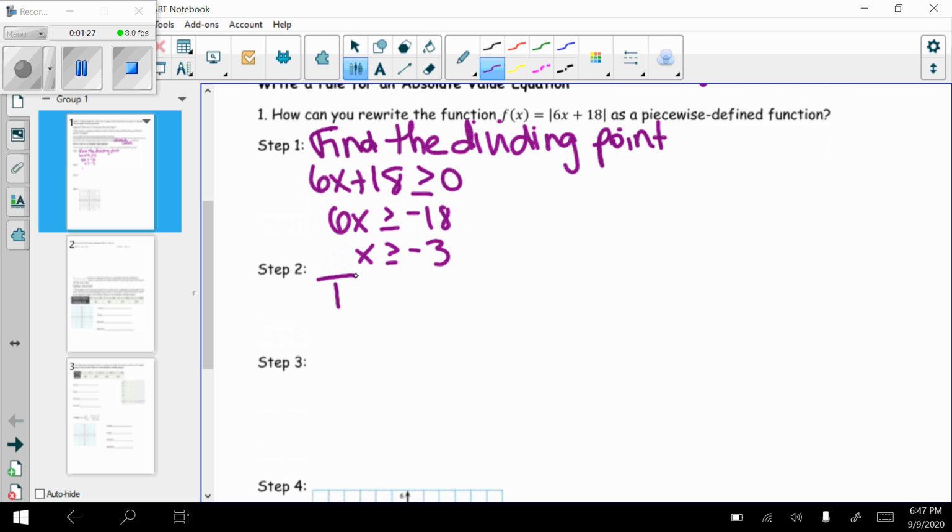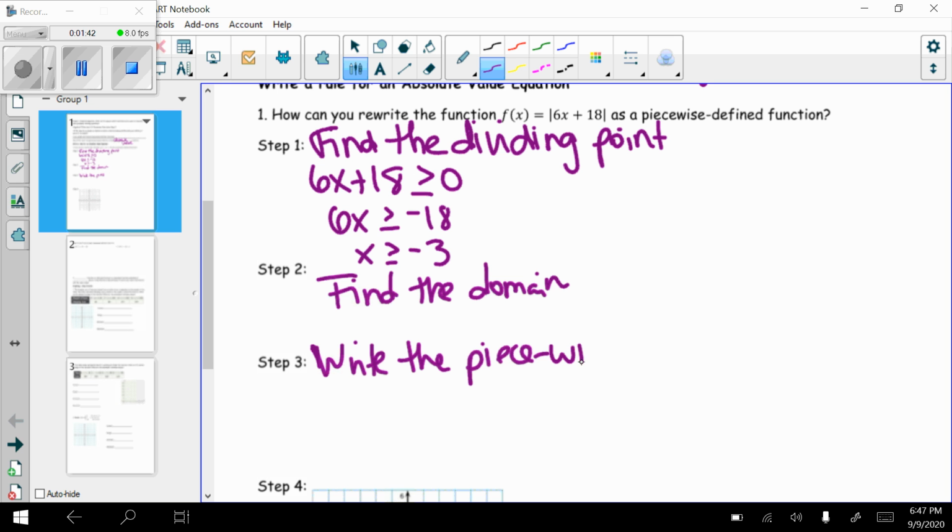Step number 2, we want to find the domain. Step number 3 is to write the piecewise function. I'm going to do both step 2 and step 3 together over here.